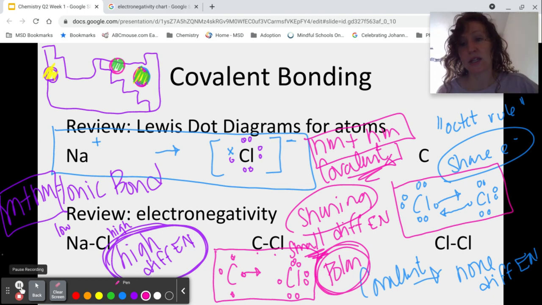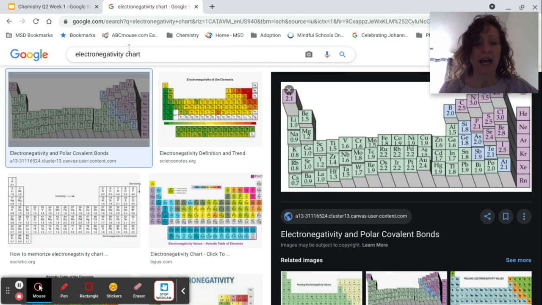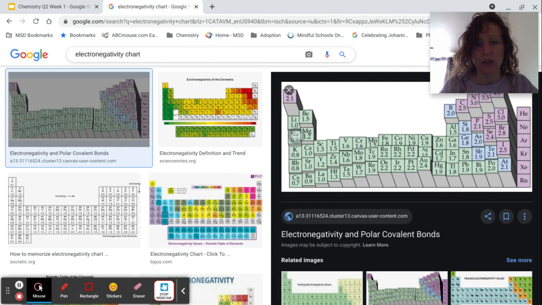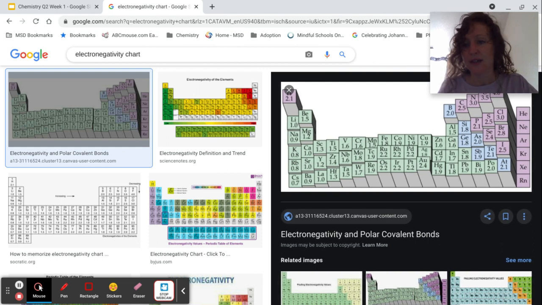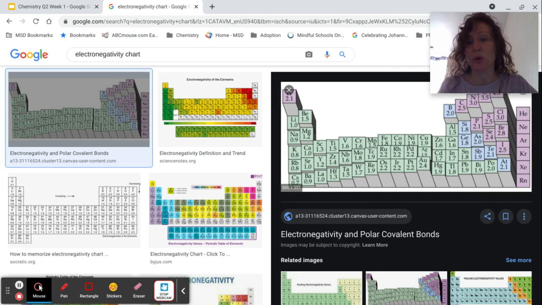Okay, like I said, we can go look at that electronegativity chart. Notice that when you're looking at this chart, you see that these things actually have values, like sodium here is 0.9, chlorine here is 3.0. So if you subtract those, the difference is going to be very big. It's going to be 2.1, right?